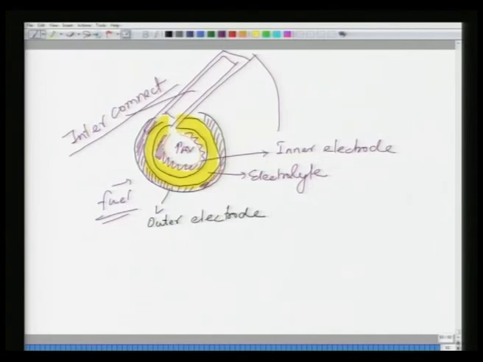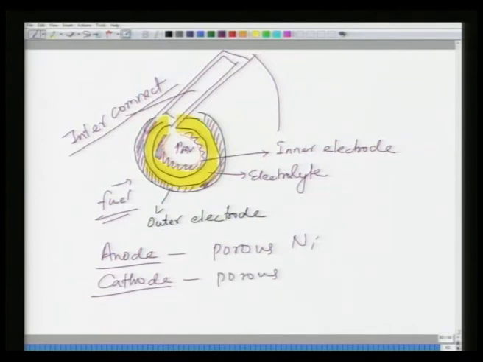So, basically you can use various kinds of materials for such purposes. Your anode material is typically porous nickel. Cathode has to be porous as well, so porosity is very important here.